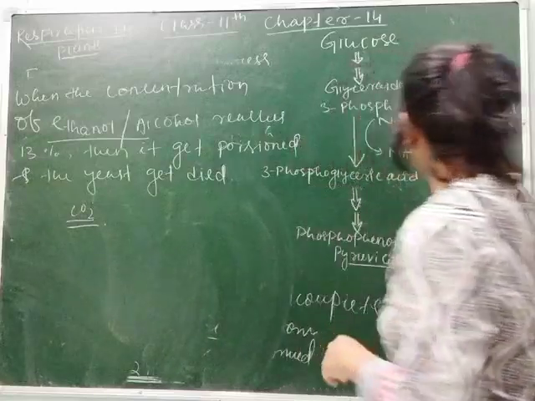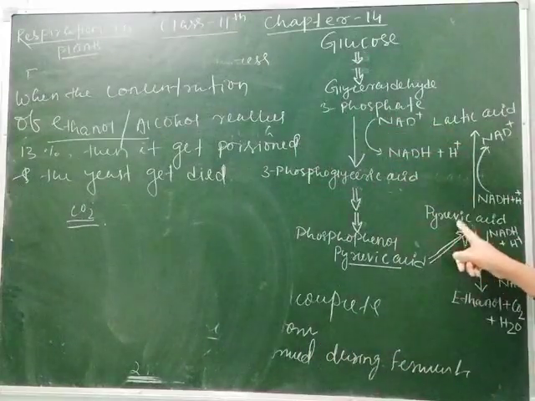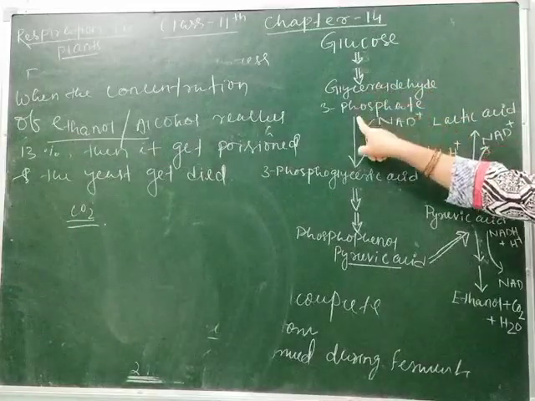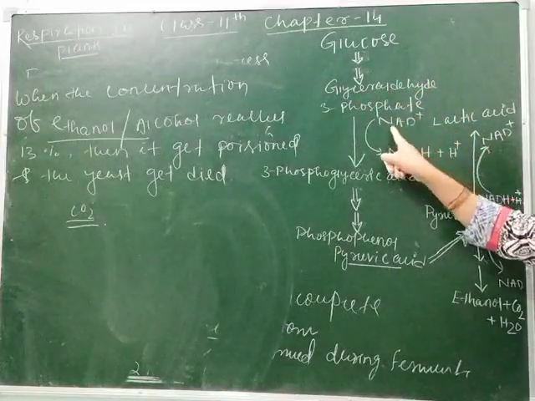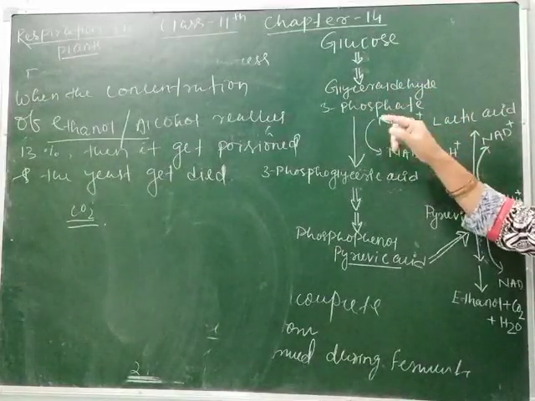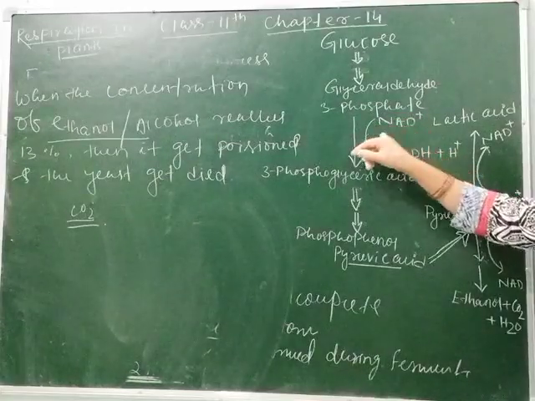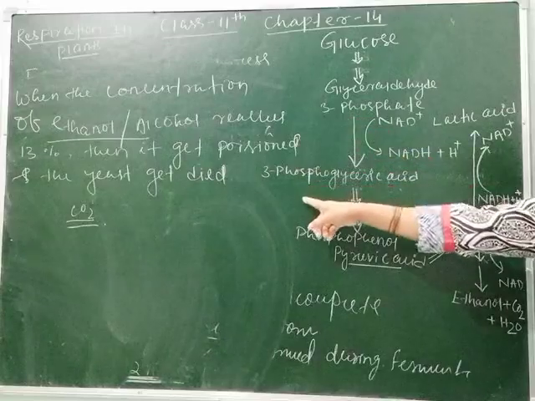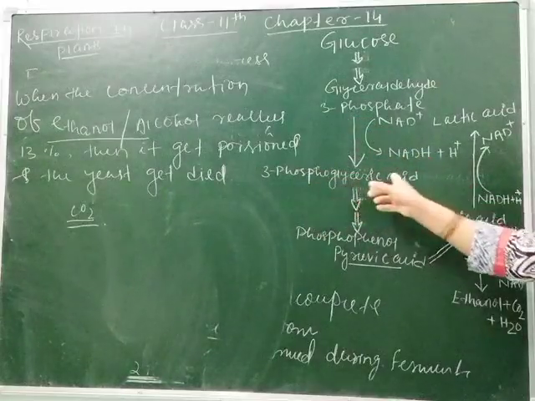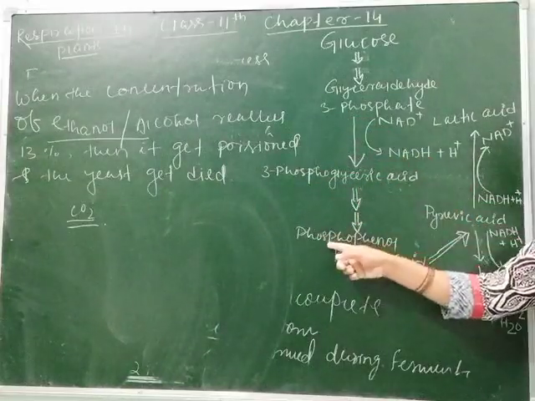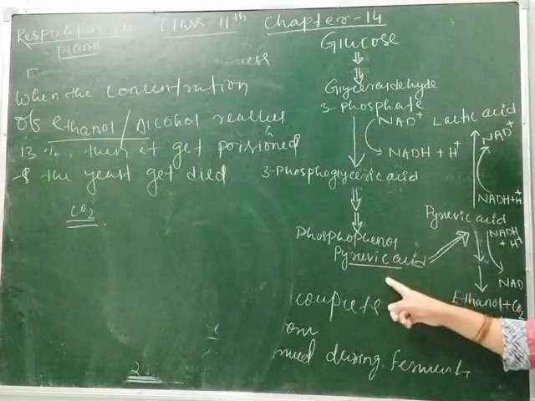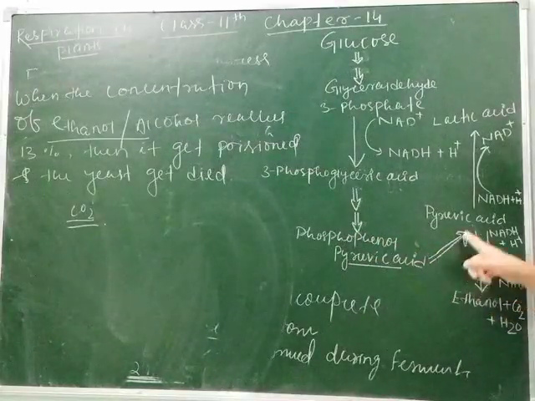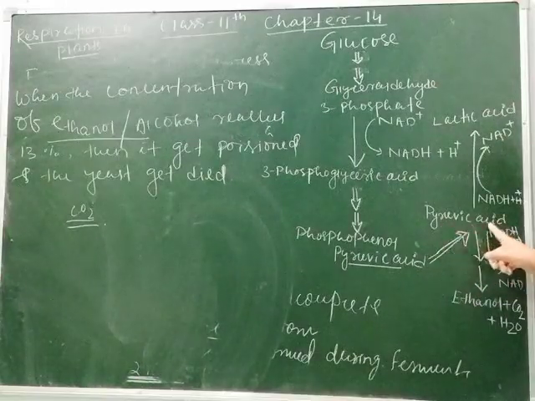So here, the process of formation of pyruvic acid: glucose gets converted into glyceraldehyde 3-phosphate, then NAD plus is reduced, means reductase enzyme converts NAD plus to NADH plus H plus, then we get 3-phosphoglyceric acid, then it again gets converted into phosphoenolpyruvic acid, and the phosphoenolpyruvic acid now gets converted into pyruvic acid.